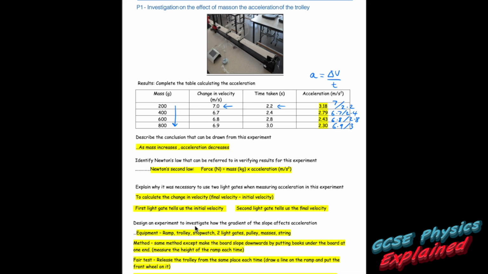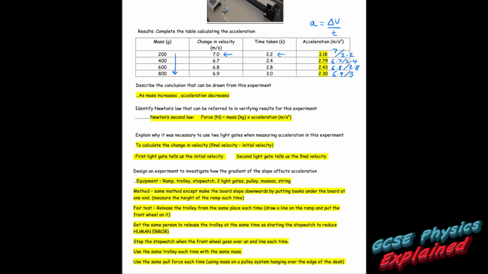Design an experiment to investigate how the gradient of the slope affects acceleration. So the gradient is just how steep the slope is. So first tell the examiner what equipment you'll use, such as a ramp, a trolley, stopwatch, 2 light gates, a pulley, masses and string. And your method will be something like this.